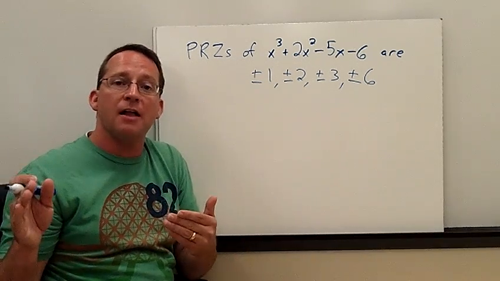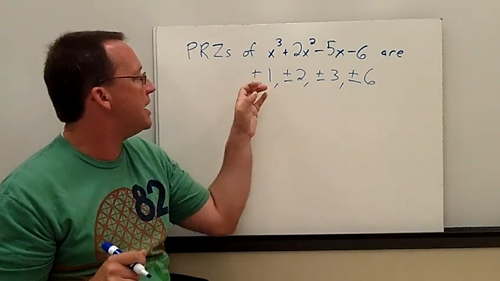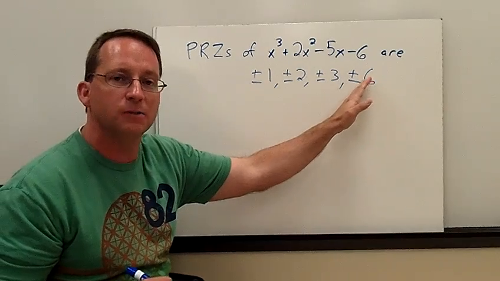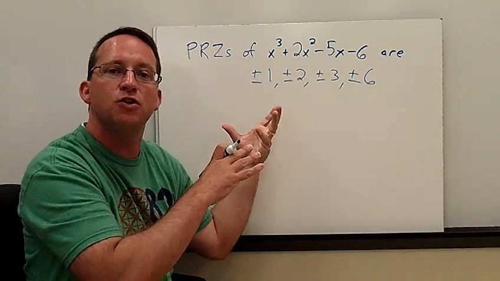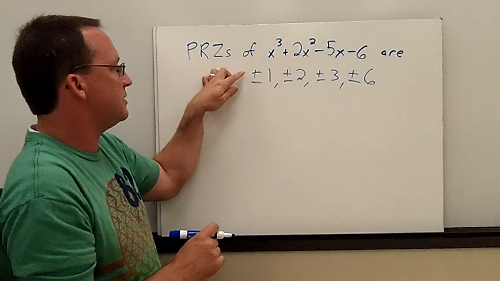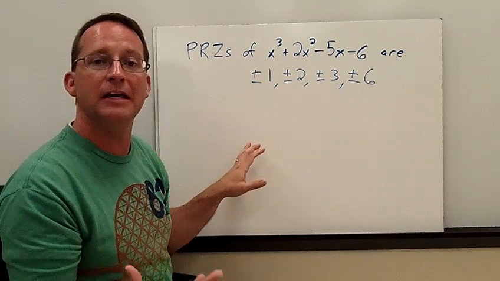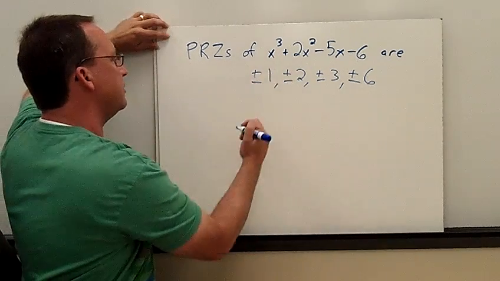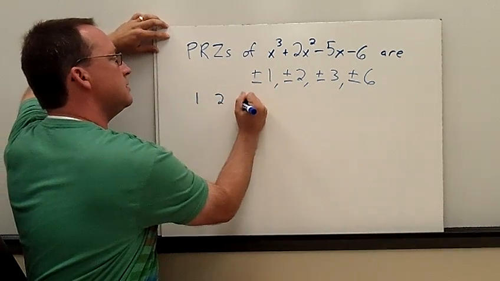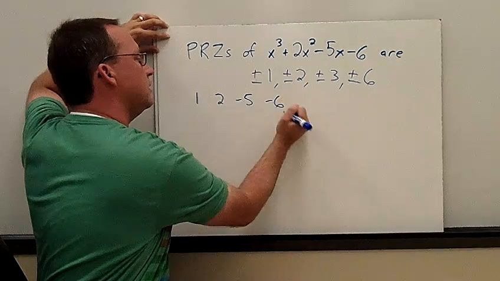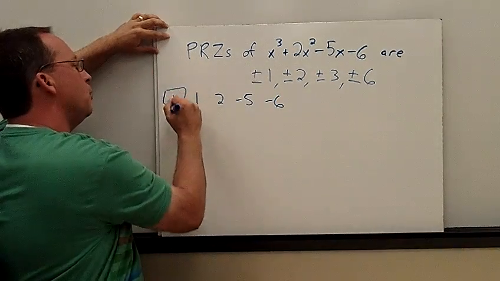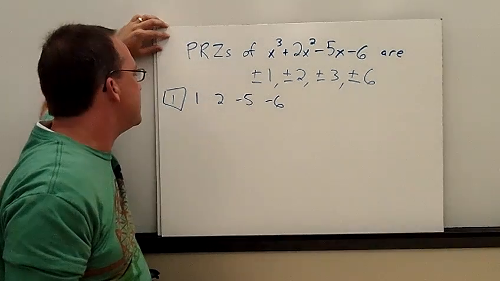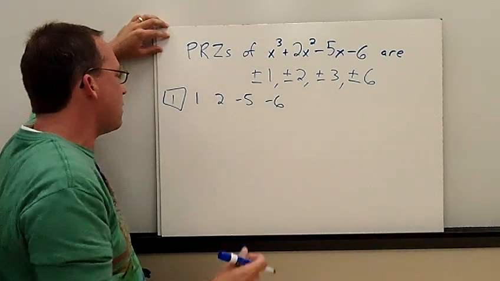I do that by trial and error. I do that by taking each of these possible solutions, each of these possible zeros, and putting them into a division problem. So let's say I want to see if positive 1 is a zero, is a solution here. Well, I would take this polynomial in synthetic division. There's my coefficients. I'd put 1 in the box over here. I'm going to test to see if this is a solution, if this is a zero.